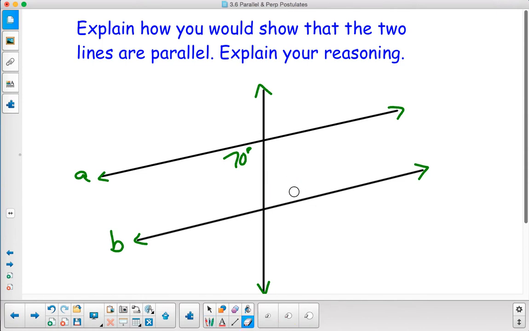I'm going to change where that 70 is. I'm going to put it here this time. Are the lines parallel? Again, yes, they are. And this would be the postulate 9, the corresponding angle converse.